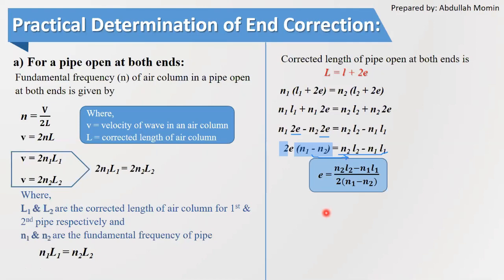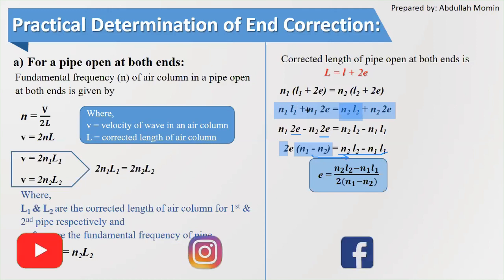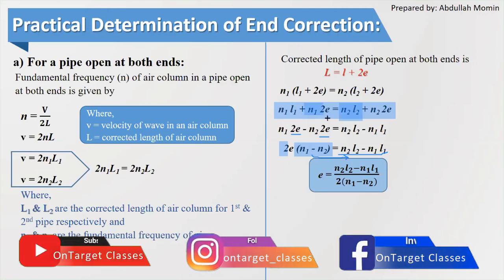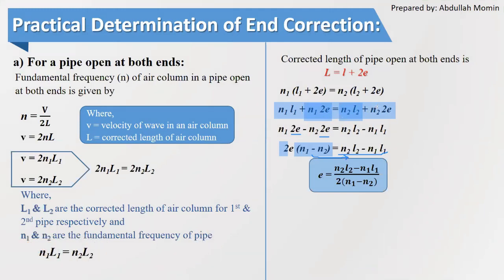Or we have one another method. What we are going to do, we are going to use this equation, and here we kept N2 L2 and N1 2E as it is. We have kept these terms as it is, and we bring the other terms from the other side of this equation.